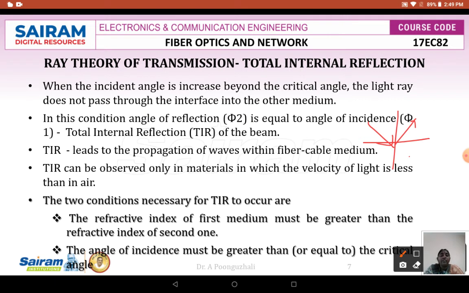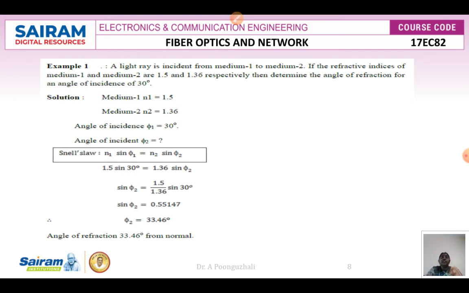Then the angle of incidence must be greater than or equivalent to the critical angle. Only then does total internal reflection take place. So this is the concept and the condition for total internal reflection. First we'll see three problems.